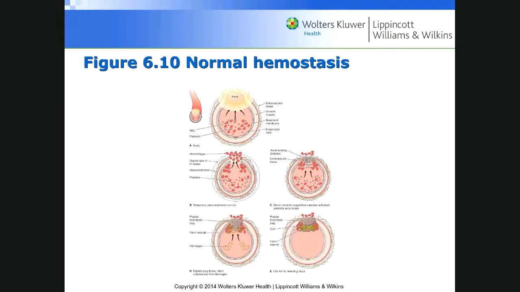How do you activate thrombin? You need thrombin activator, which converts prothrombin to thrombin. And how do you activate the activator? You need factor 10. So factor 10 is the most important one.